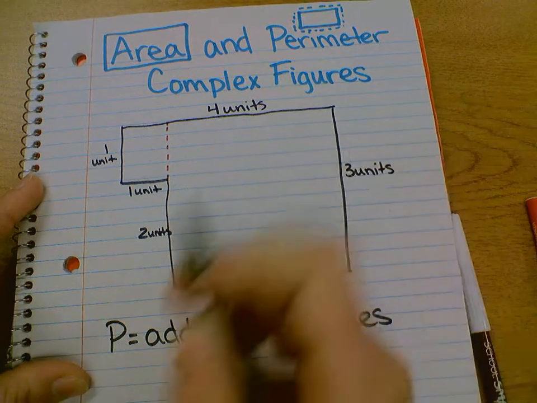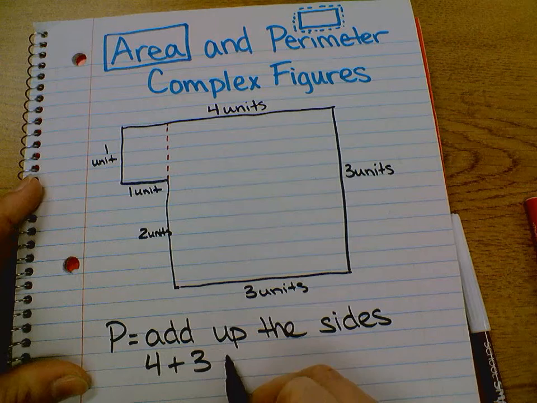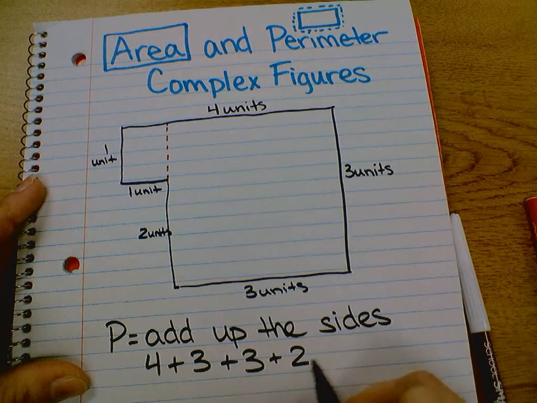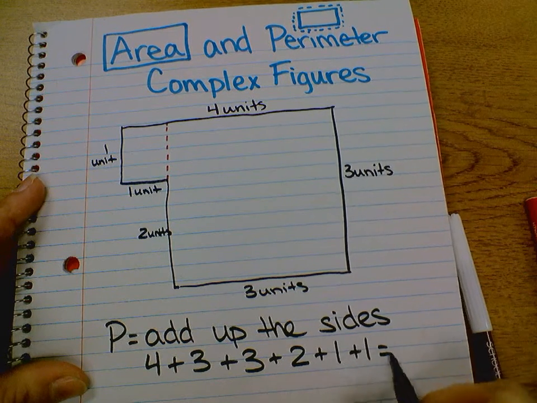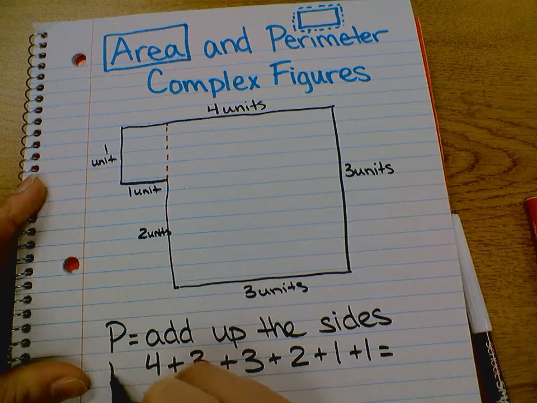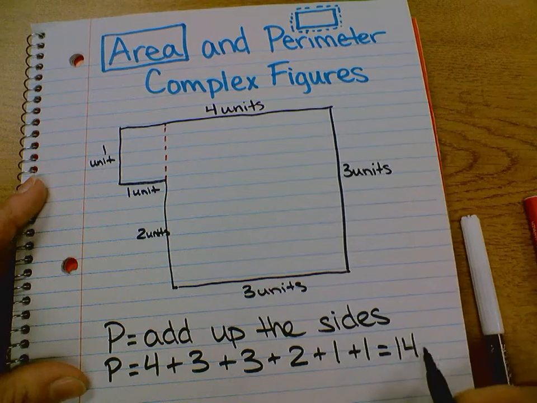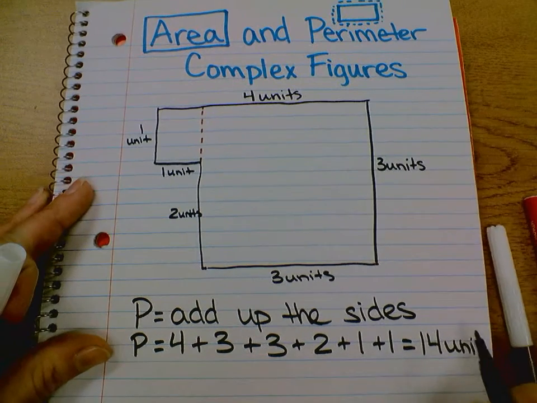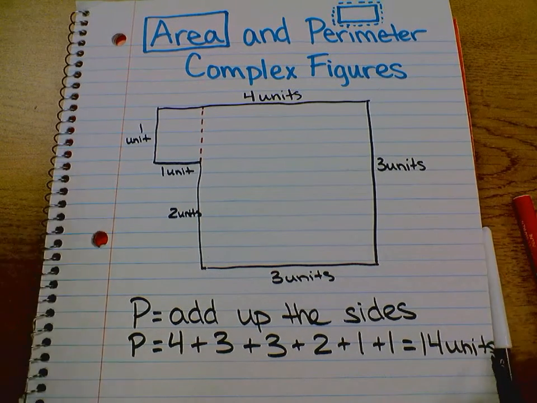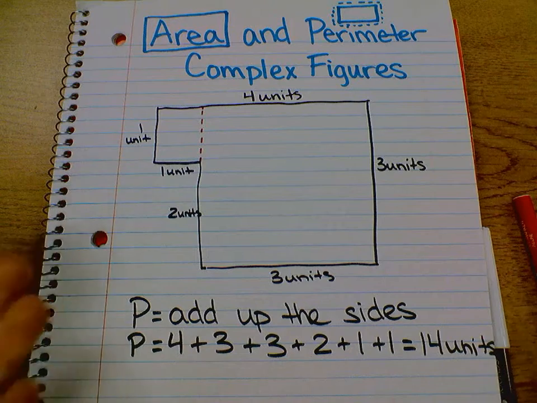So 4 plus 3 plus 3 plus 2 plus 1 plus 1 gives me a perimeter of 7, 10, 12, and 14. So 14 units is my perimeter.